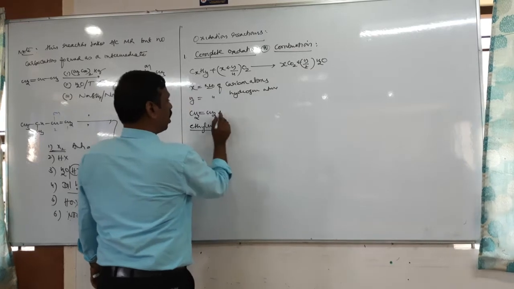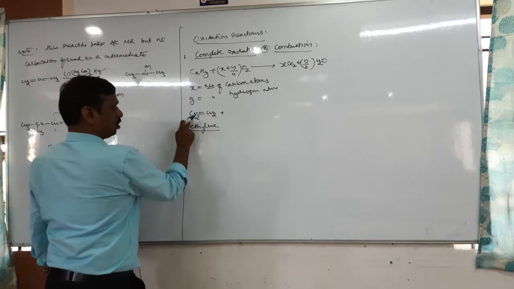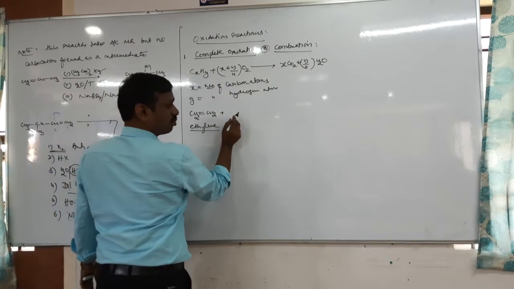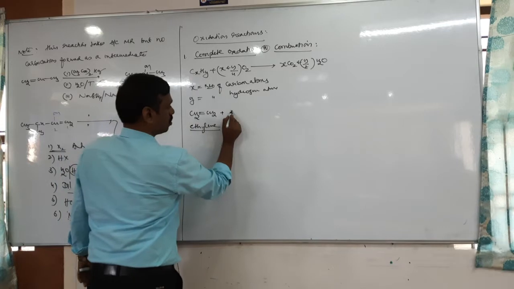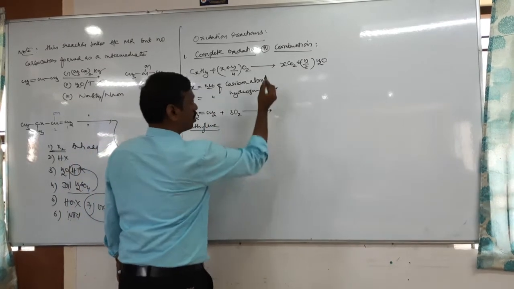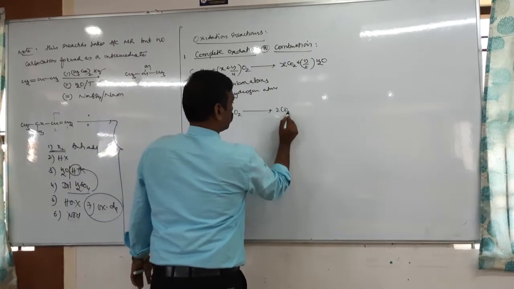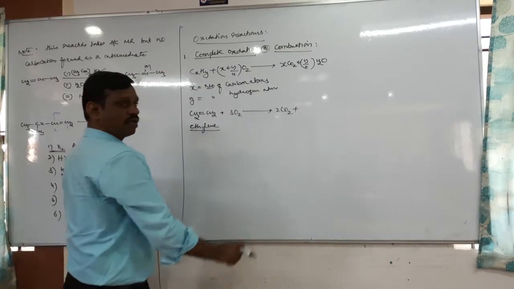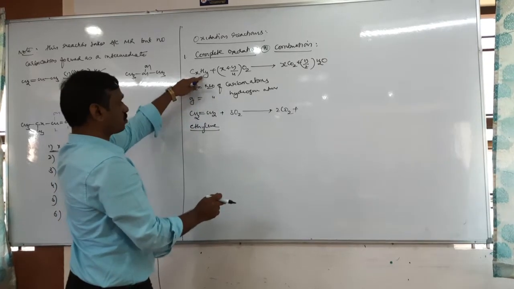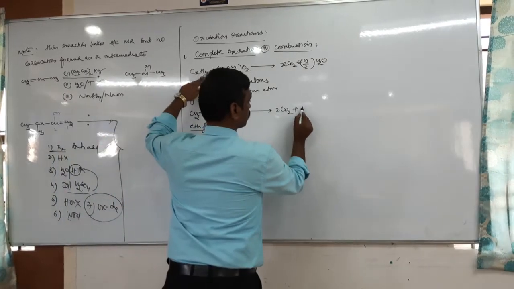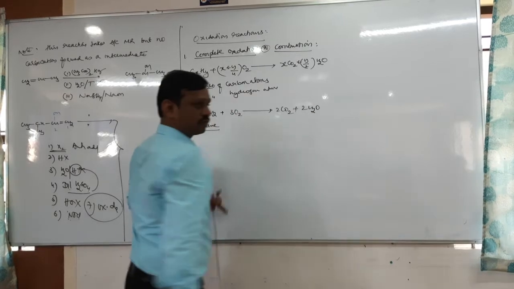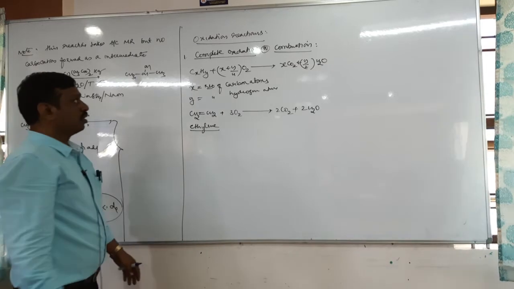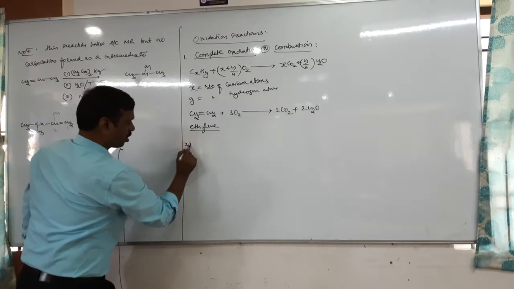Tell me, how many oxygens should be taken? 2 carbon, 4 hydrogen. It becomes C2H4 plus 3 O2 gives rise to 2 CO2 plus, y equal to how much? y is 4, no. 2 H2O. Okay. It is complete oxidation.